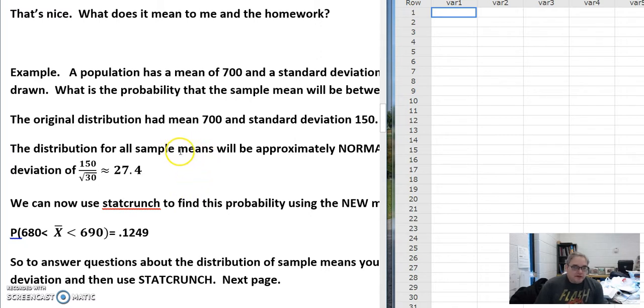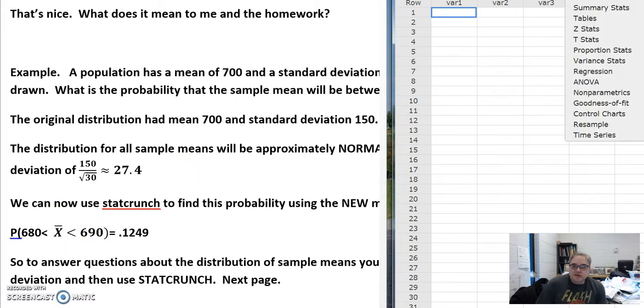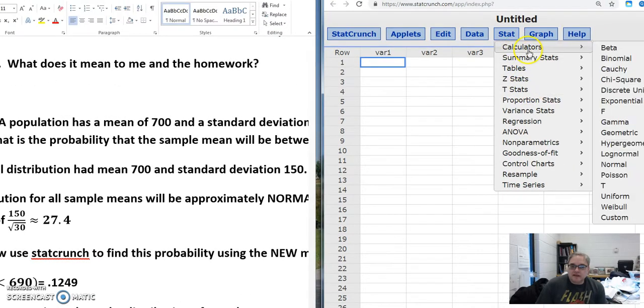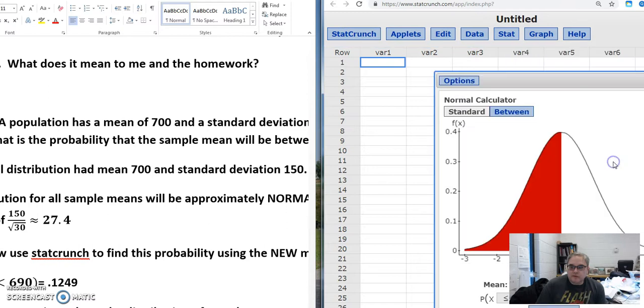But what that tells me is if I want to answer this question about the probability that a sample mean drawn from this population with a sample of size 30 is between 680 and 690, then using StatCrunch, I go on to Stat, Calculator, Normal.